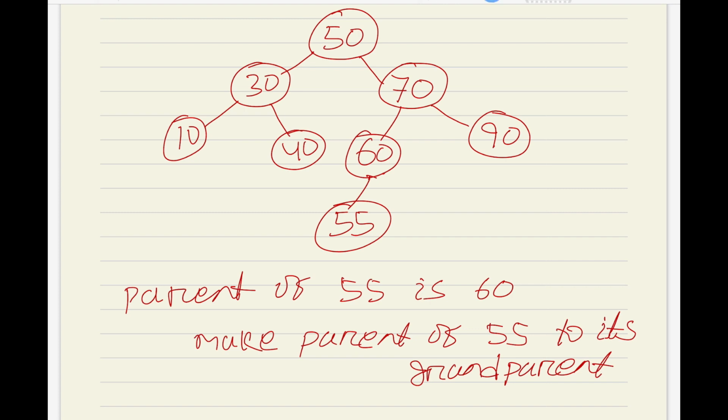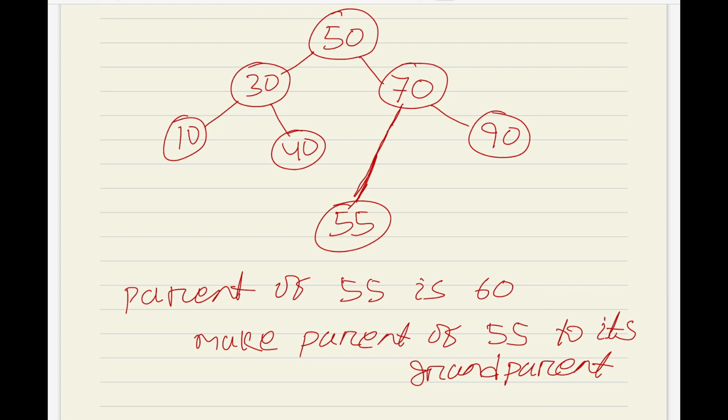Similarly, if we want to remove 60 from here, just make 70 the parent of 55. So this is also a simple one, no issues.